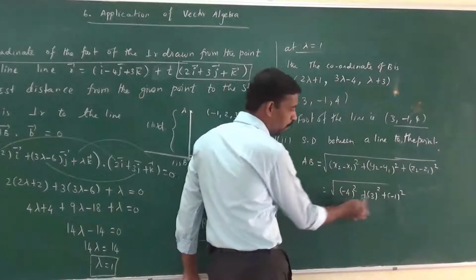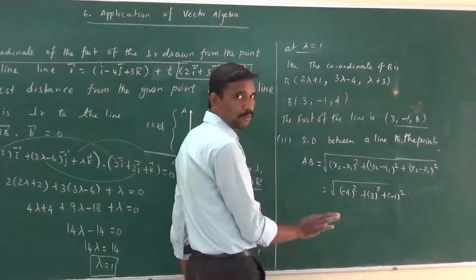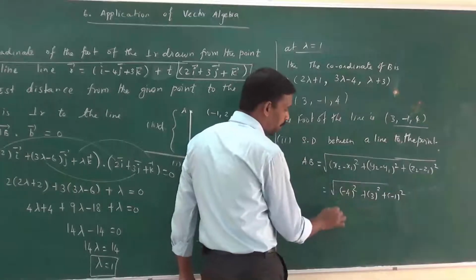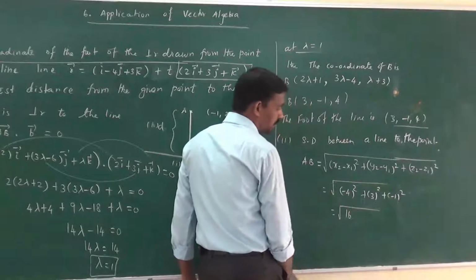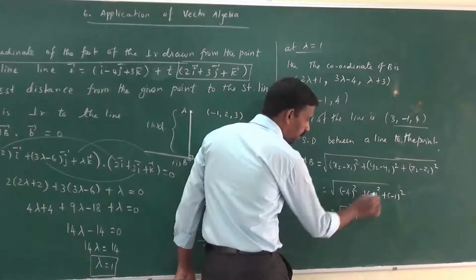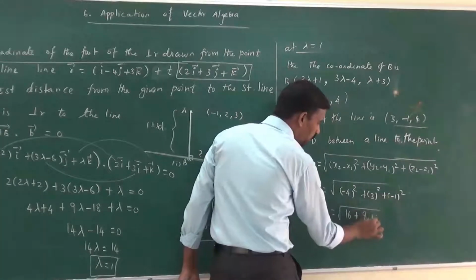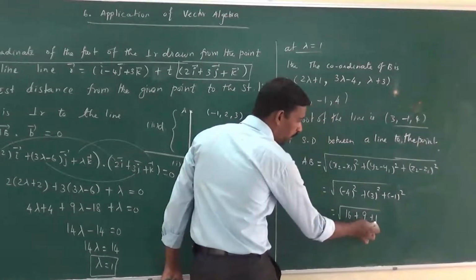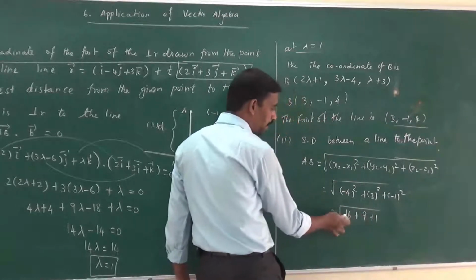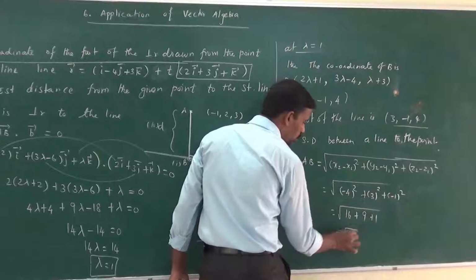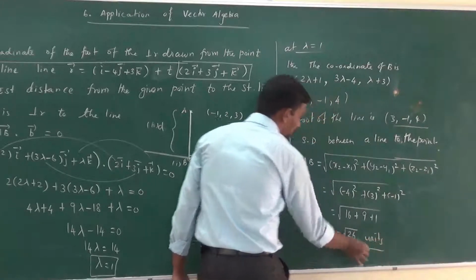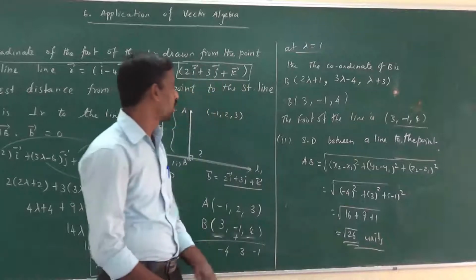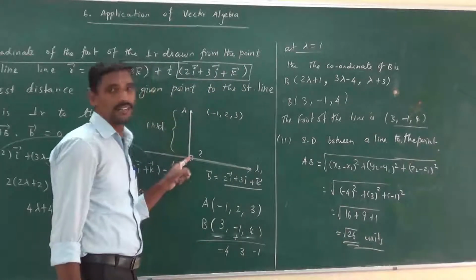Somebody may give plus 4, minus 3, plus 1, but it is fine, because of the square both are the same. Square root of: 4 square 16, 3 square 9, minus 1 whole square plus 1. So 9 plus 1 is 10, 10 plus 16 is 26. So root 26 units. So this is the distance between the point and the line.